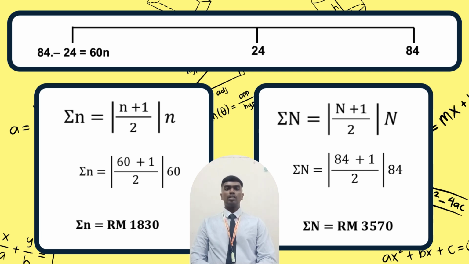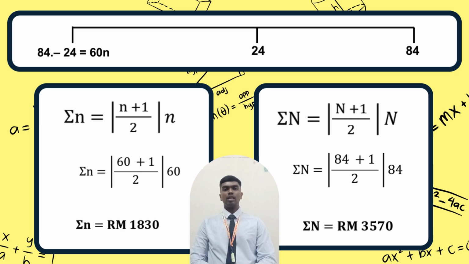Now we can solve the rebate in detail. The first step is to use the formula sigma small n equals small n times (small n plus 1) divided by 2, which is 60 times (60 plus 1) divided by 2.